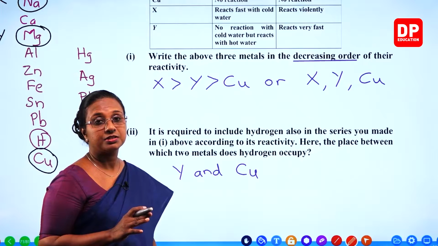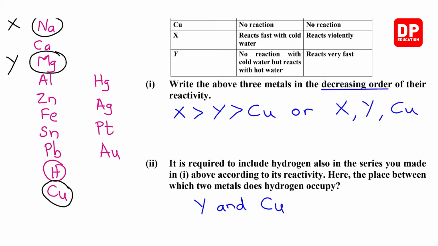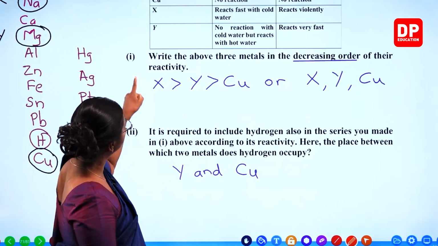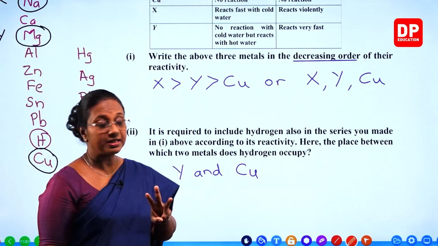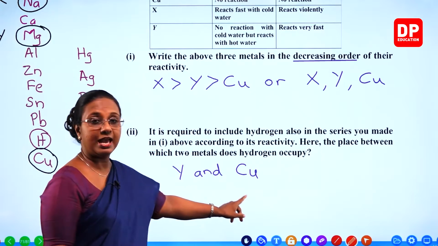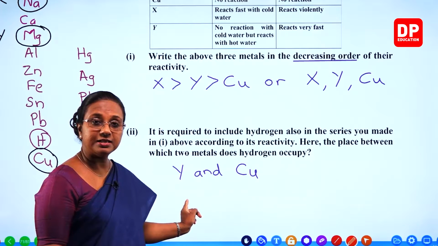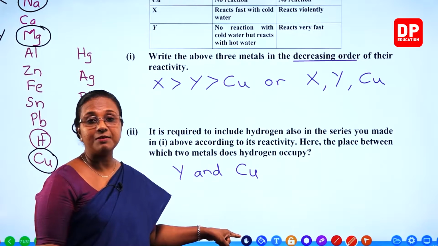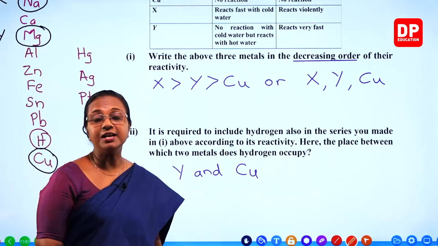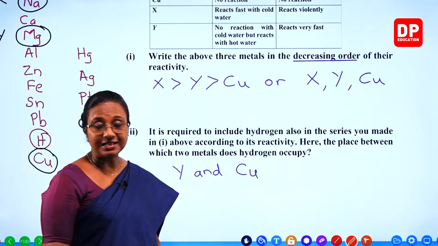Is that clear, student? So this is how you answer this question. You just need to say between Y and copper, because Y is magnesium, hydrogen is less reactive than magnesium, more reactive than copper. Is that clear?